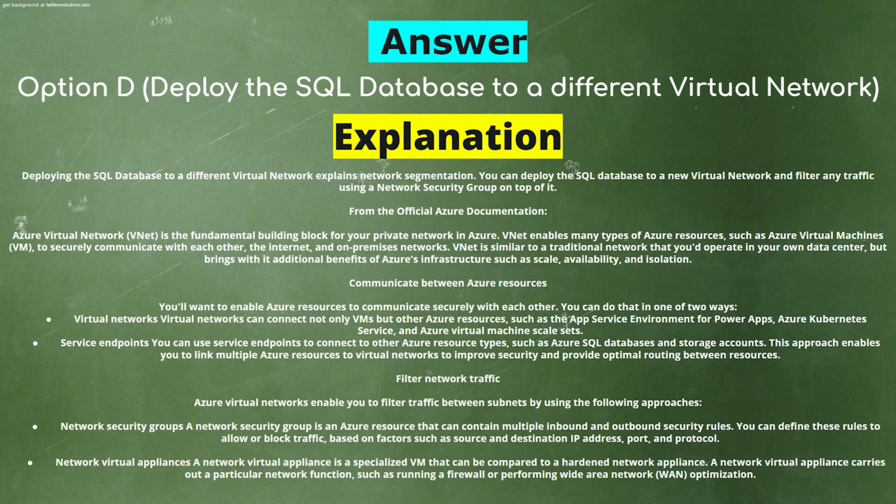Number 2. Network virtual appliances. A network virtual appliance is a specialized VM that can be compared to a hardened network appliance. A network virtual appliance carries out a particular network function, such as running a firewall or performing wide area network optimization.